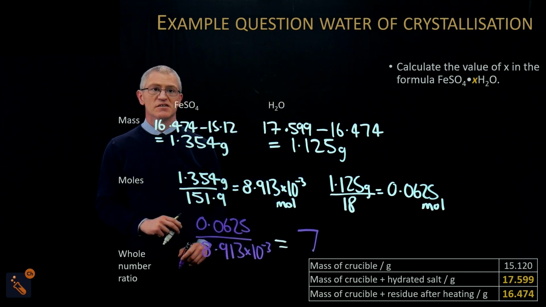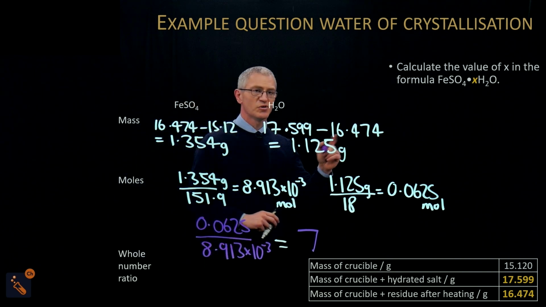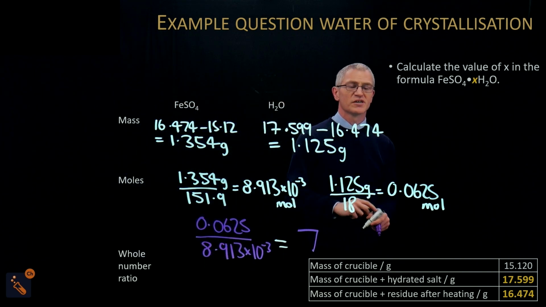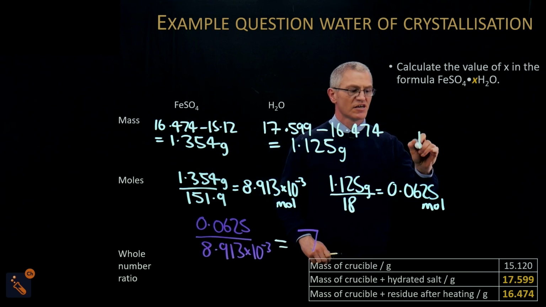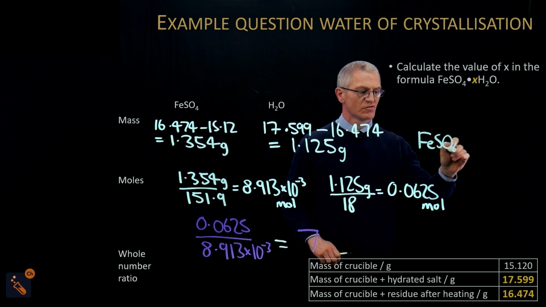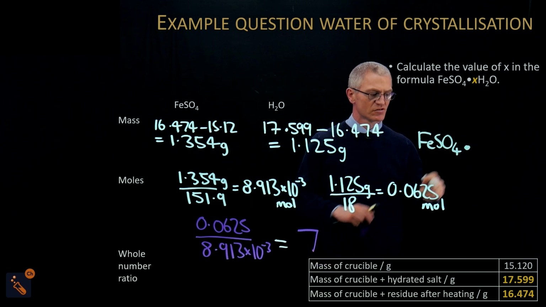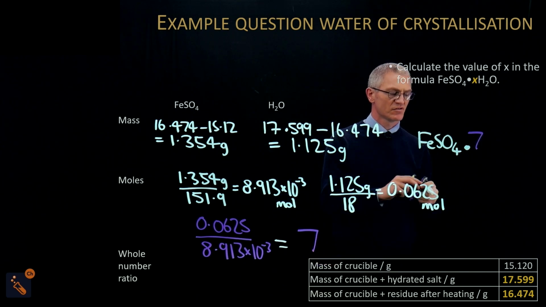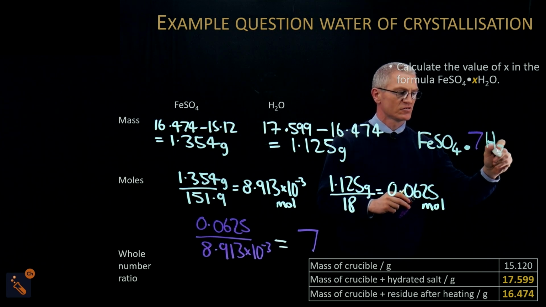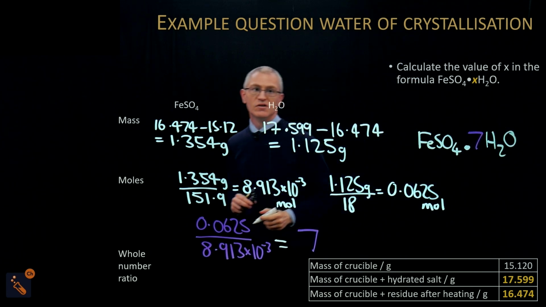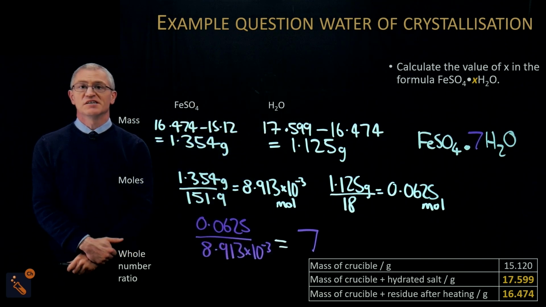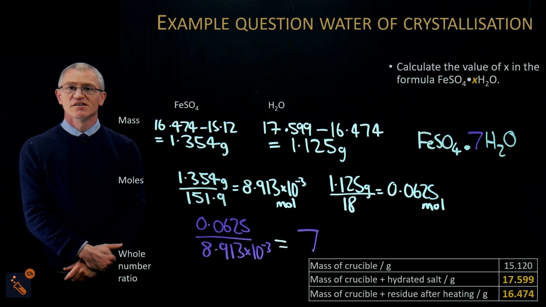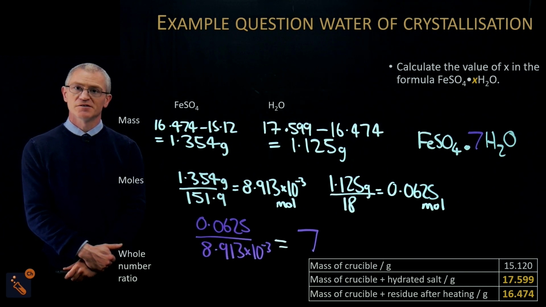So if we put the formula down right now, we can apply that to the equation: this is FeSO4 dot 7H2O. And we have determined at that point our water of crystallization for hydrated iron(II) sulfate.